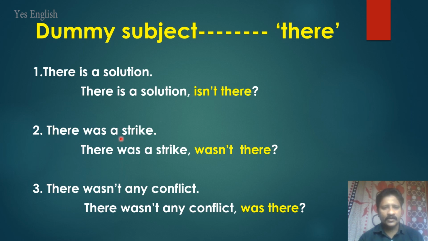There was a strike, wasn't there? Both sentences are positive, so the tags are negative. There wasn't any conflict, so here wasn't, so we use was, and then there is repeated in the tag.